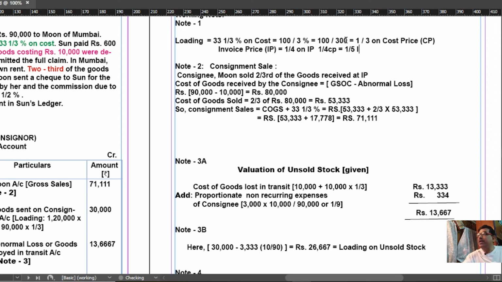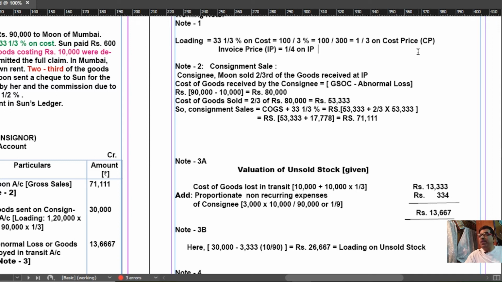That is, 1 is the numerator and 4 is the denominator, and you have to add 1 to the denominator, therefore we get 1 by 5 on IP. Likewise, 1/3 on CP is equal to 1/4 on IP.